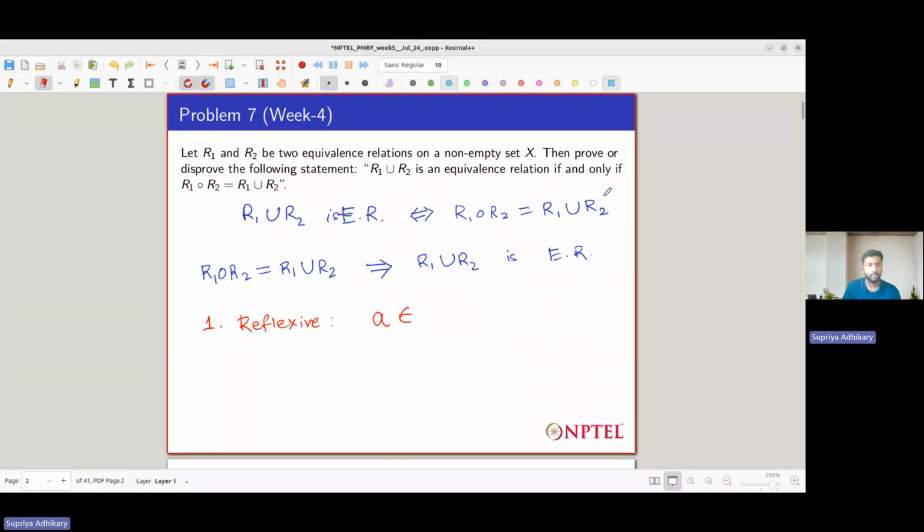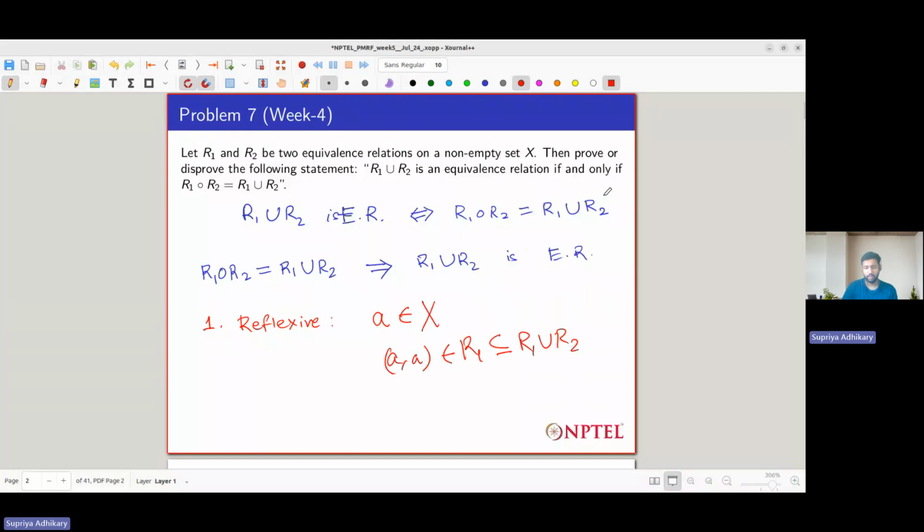If a belongs to X, then we can definitely say that (a, a) belongs to R1, and that would imply that, since R1 is a subset of R1 union R2, (a, a) belongs to R1 union R2.